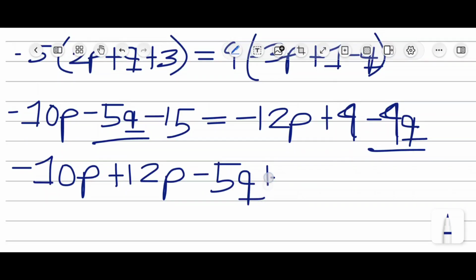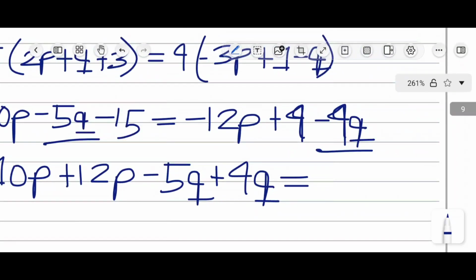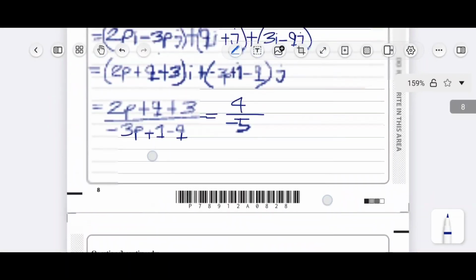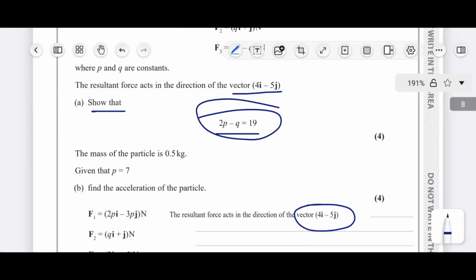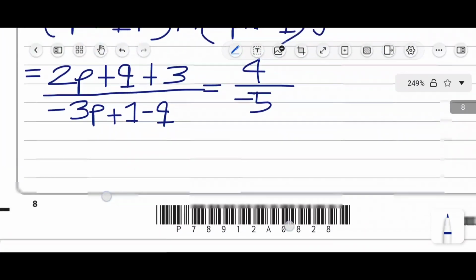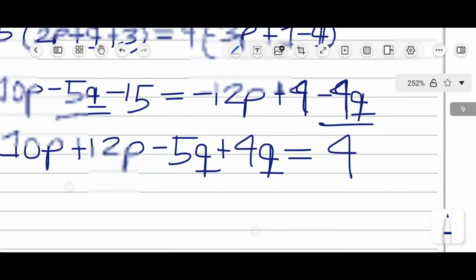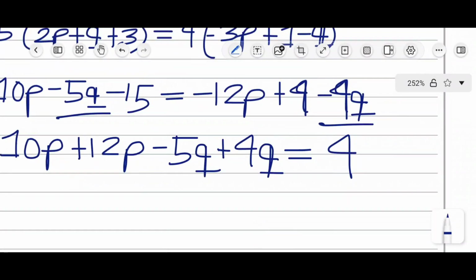If it comes to this side, it will be plus 4q. That equals 4, because they have told us to show it this way, and this 15 will come to this side, which will be plus 15.